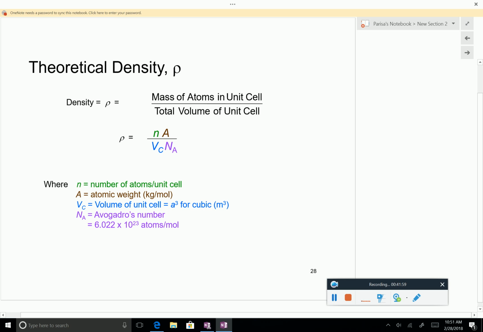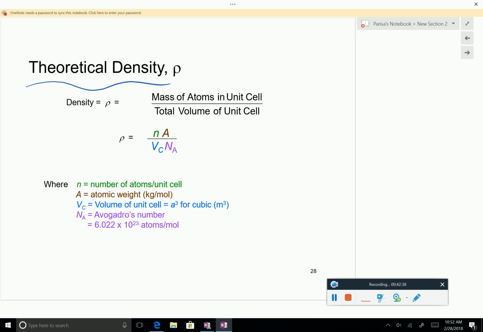Now, I casually asked you to think about the relationship between APF and density. It turns out that if we look at the macrostructure, we can calculate the theoretical density of materials. So the density is always mass over volume. Theoretical density is the mass of the atoms inside the unit cell over the volume of the unit cell. And the formula looks like that.